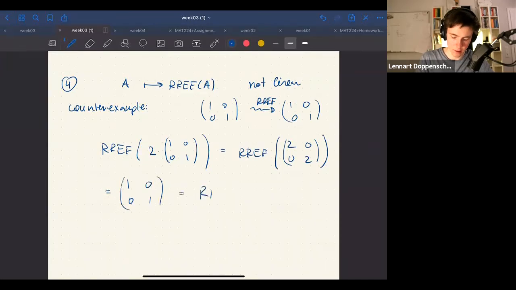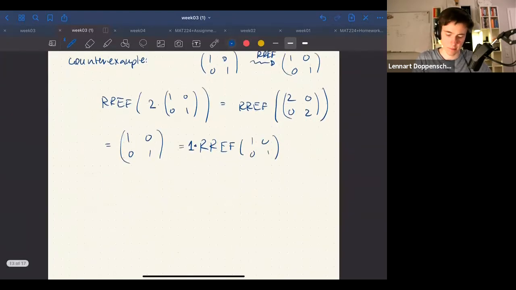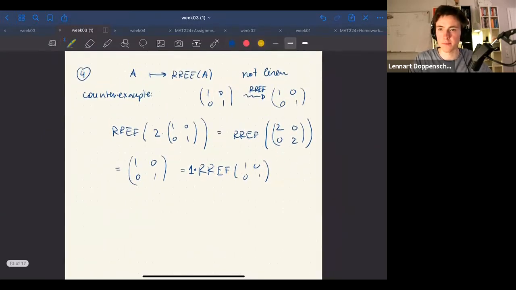And this is the reduced row echelon form of 1, 0, 0, 1. So there's no 2. This is 1 times this. So this is definitely not linear. Yeah, I think you see what I mean. Okay, any other questions?